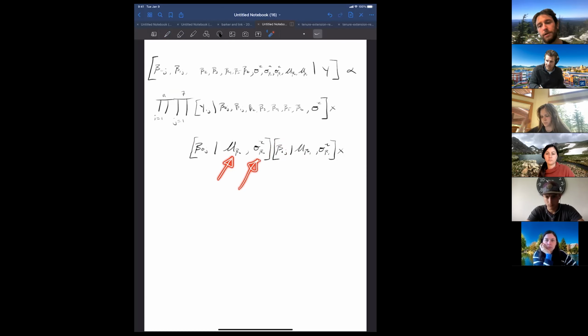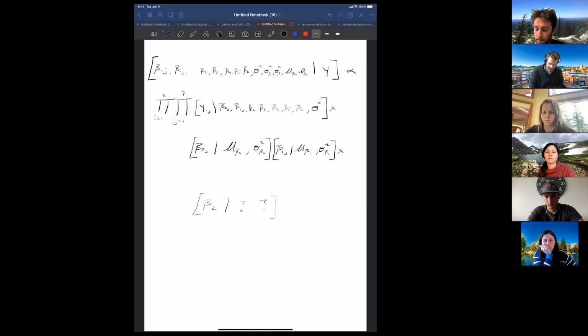We don't know what these are. So because we're estimating the parameters that go into the distribution for beta 0 and beta 1, we incorporate them in here.